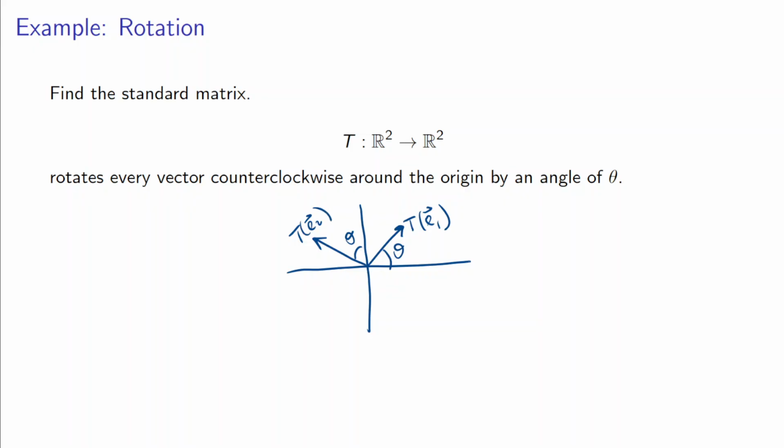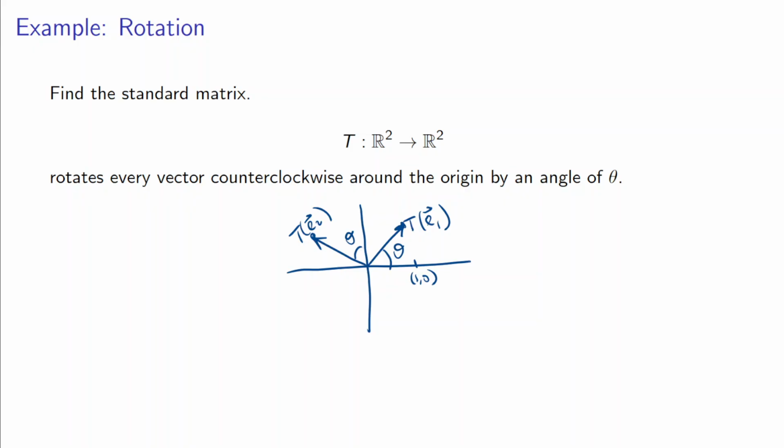And so we sort of need to figure out what the coordinates of these endpoints of each of these vectors would be. If you think back to some trigonometry, you might recall kind of what's going on here. The point 1 comma 0 as a sort of starting point is a point on the unit circle.